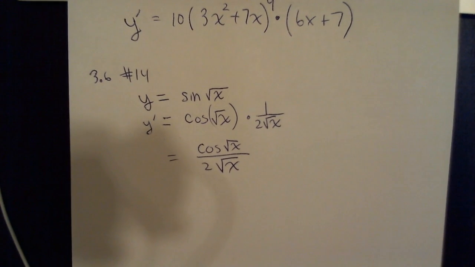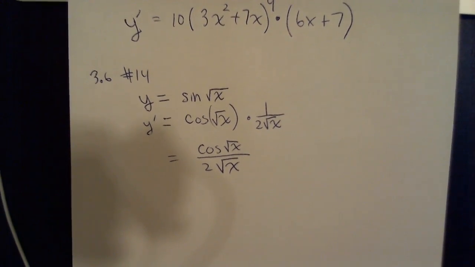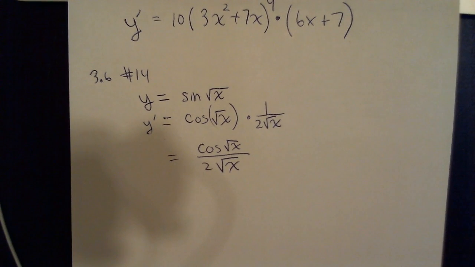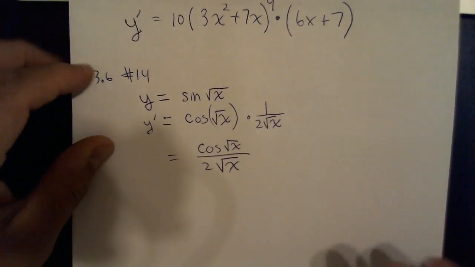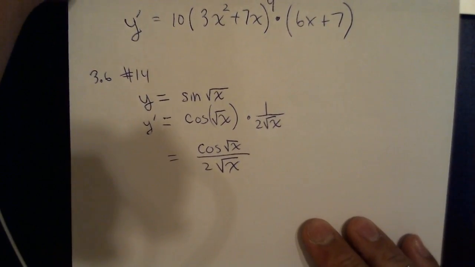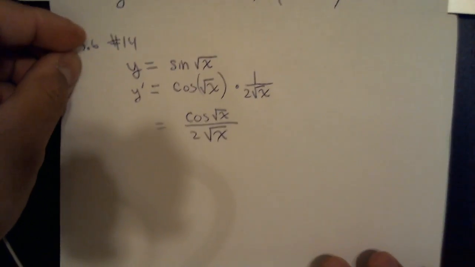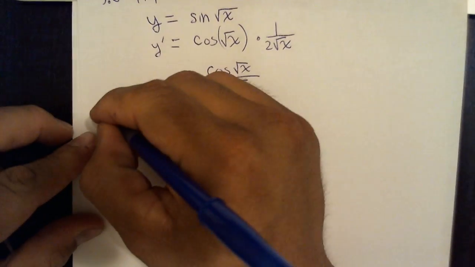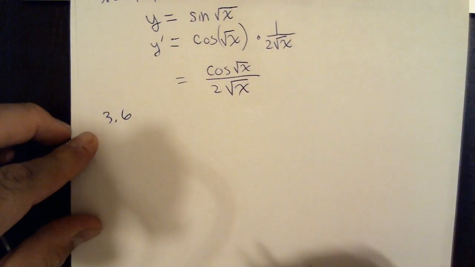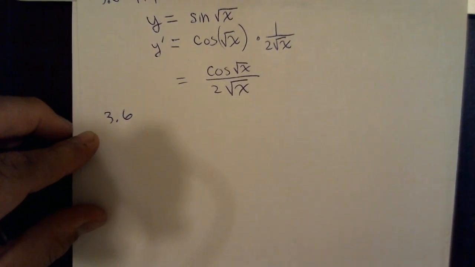And then 3.5, number 39. I'll get to that one after. So let's start with 3.6, number 52.